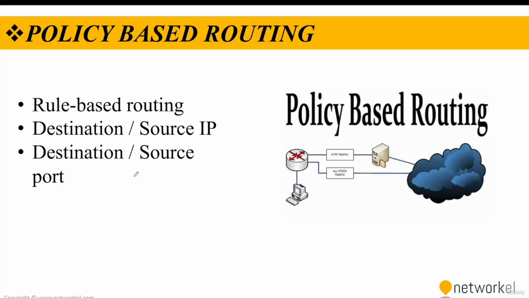So, policy-based routing is a technique used in networking to make routing decisions based on policies defined by network administrators rather than just the destination IP address. PBR allows you to specify routing decisions based on various criteria such as source IP address, destination IP address, application type, or even packet size.